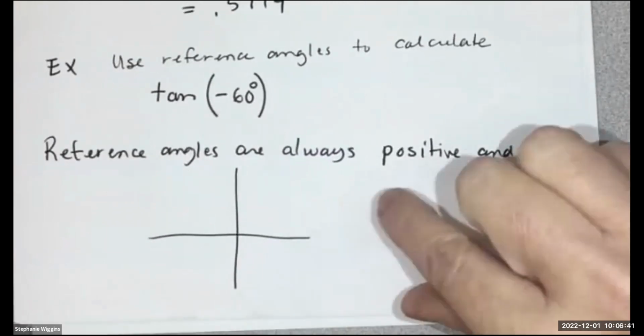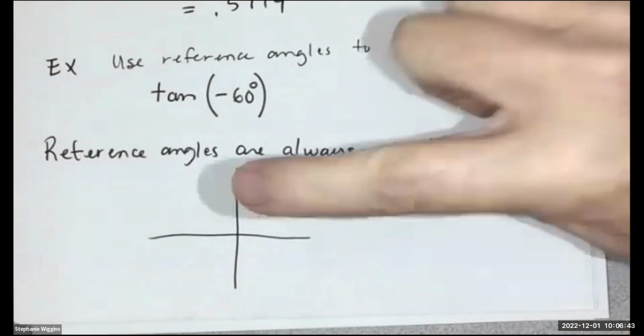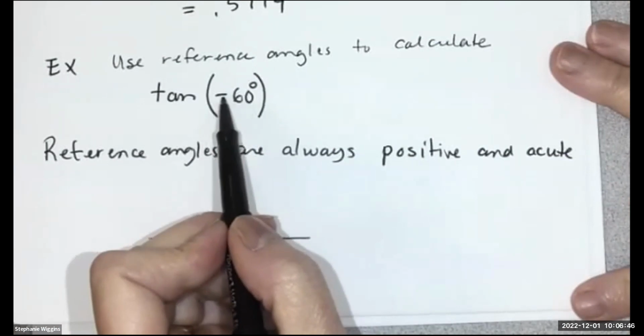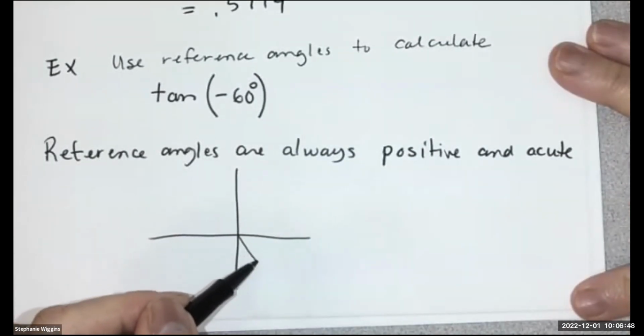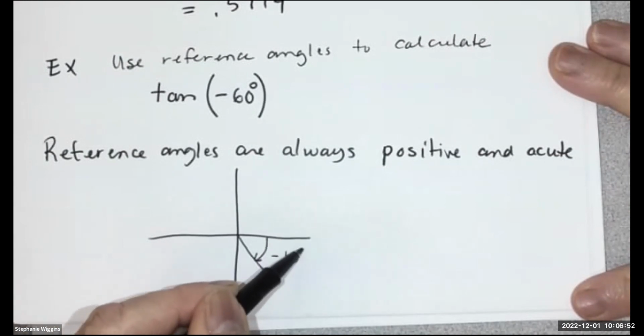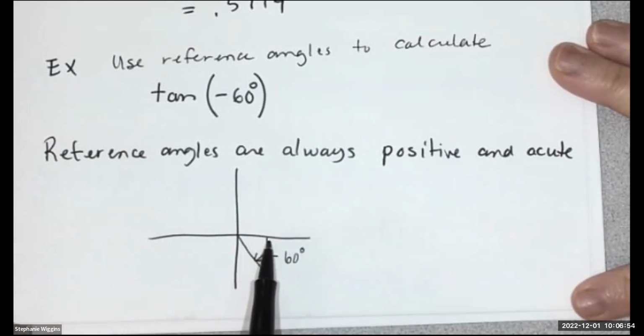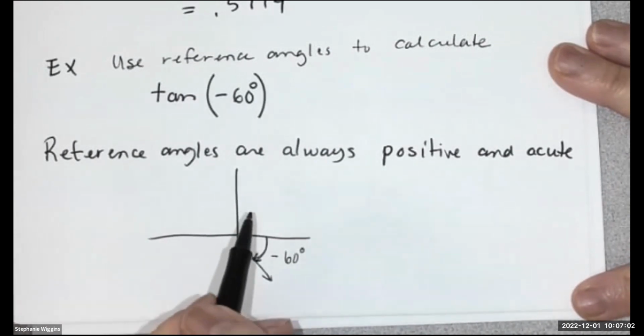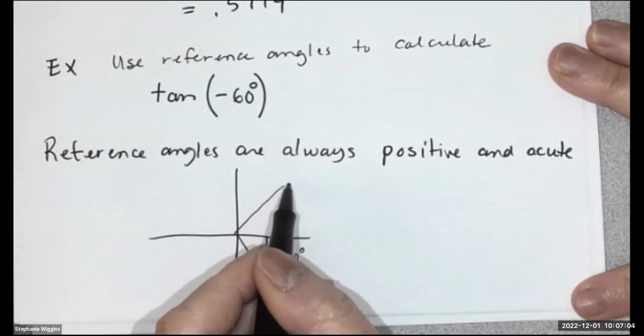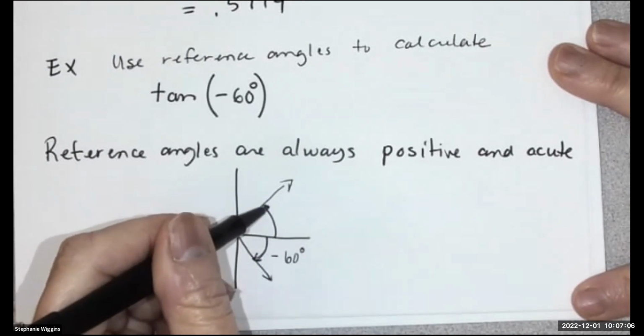Since a reference angle is always positive and acute, it's always in the first quadrant. But like, see this angle here, negative 60 degrees. This is negative 60 degrees. And the size of the angle, even though it's in the fourth quadrant, what angle has the same size in the first quadrant? Well, that's 60 degrees, right? It would be up here. That is the reference angle, okay?